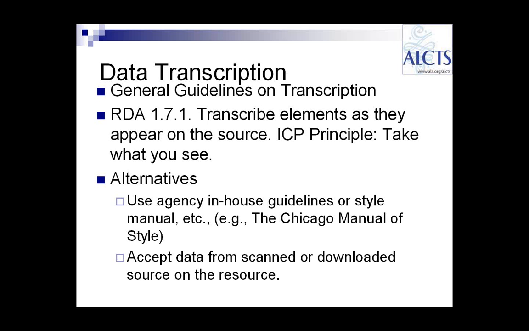There are alternatives in RDA, and some of the alternatives dealing with data transcription are to use agency in-house guidelines or a style manual, such as the Chicago Manual of Style, which is currently in its 16th edition, or to accept data from scanned or downloaded sources on the resource.